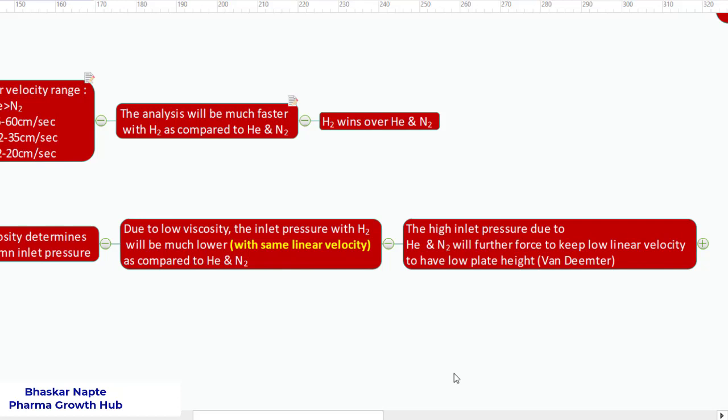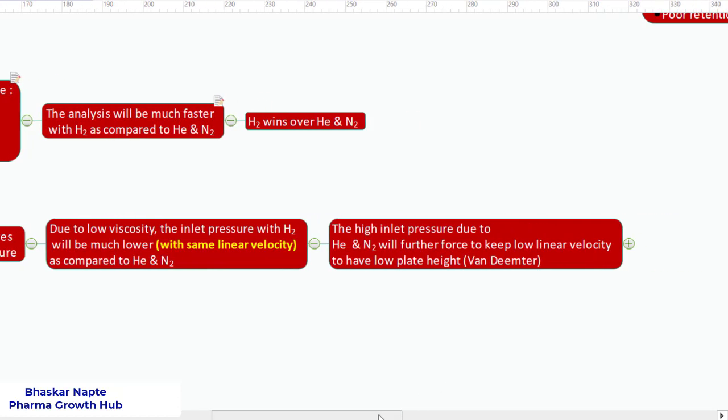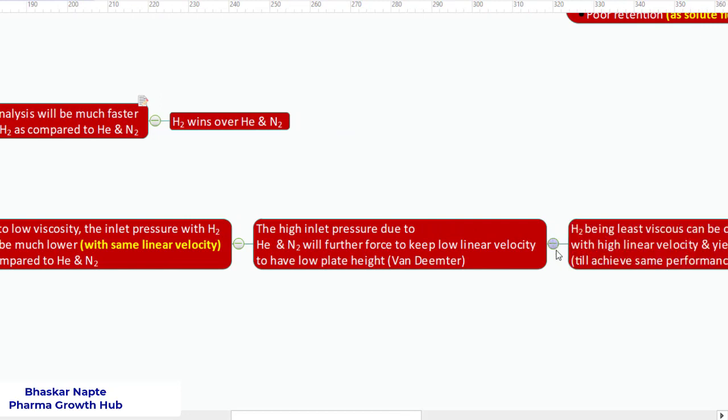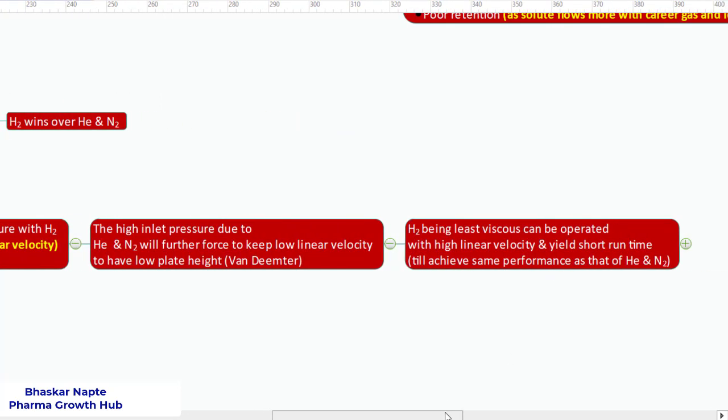For that reason, you need to keep the low linear velocity in case of nitrogen, and it is also true for helium. And because of this difference in the linear velocity, hydrogen, being least viscous, can be operated with high linear velocity and yield short runtime while achieving the same performance as that of helium and nitrogen.